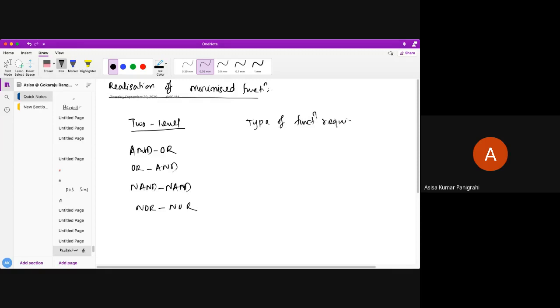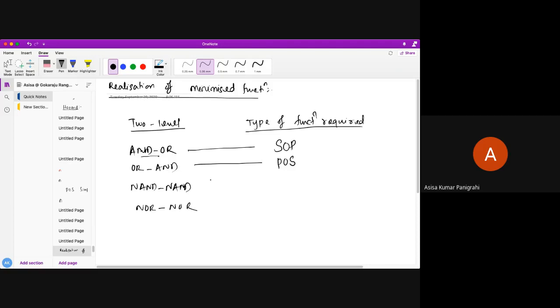For AND-OR, the function should be of SOP type. If we get a minimized SOP, then you can realize it with the help of AND-OR. Next, for OR-AND realization we need the function type to be POS. If we can minimize the function to POS, then we can easily realize it with two level OR-AND realization.